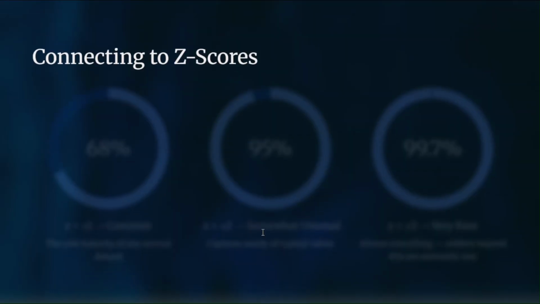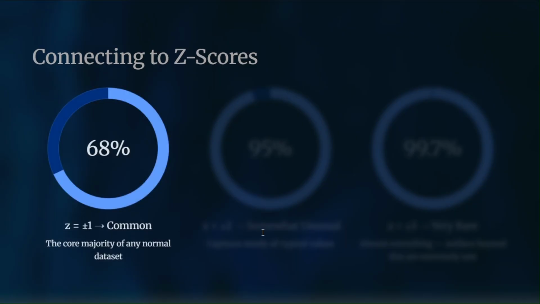The empirical rule maps directly onto z-scores, giving you an instant sense of how unusual any value is. If the z-score is between -1 and +1, we'll say that the value is common, that is the core majority of any normal data set, and it falls within the central 68%.